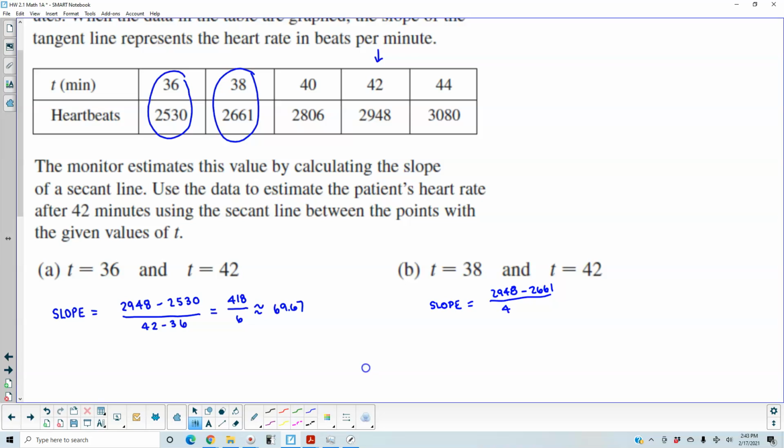And then we're going to take 42 and subtract 38, which gives us 287 over 4, which is approximately 71.75.